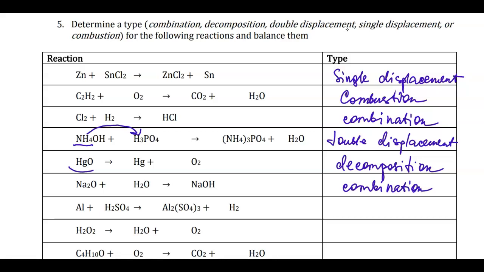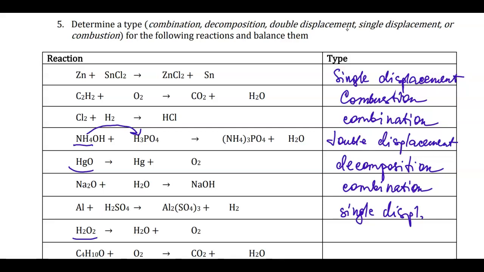Aluminum and H2SO4 gives us a compound, aluminum sulfate, and hydrogen, right? So this is single displacement. This is H2O2. This is not a typo. This is not water.